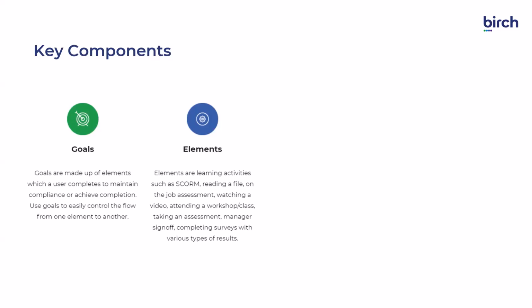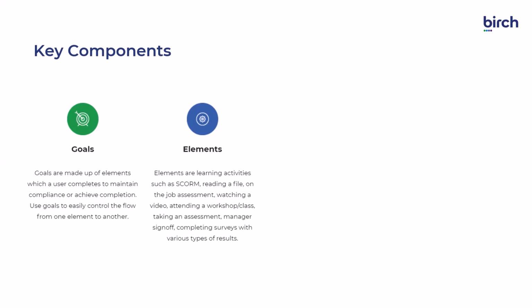We have e-learning modules, often referred to as SCORM. We have on-the-job assessments, which have criteria set for an assessor to mark a learner against. And we have our document view, where you can view a policy or procedure or a link to a video and then confirm that you've seen it.